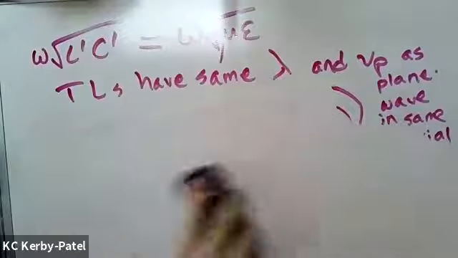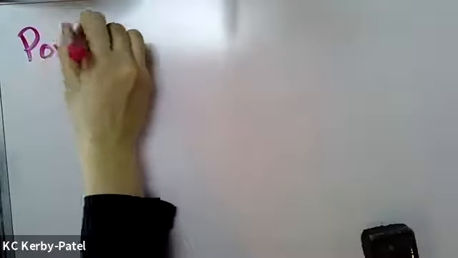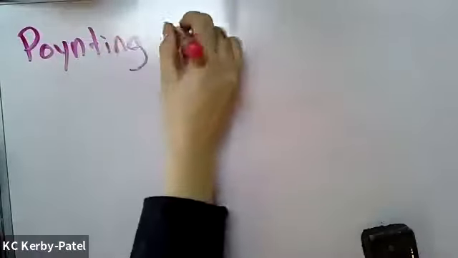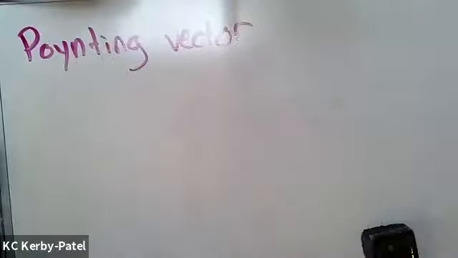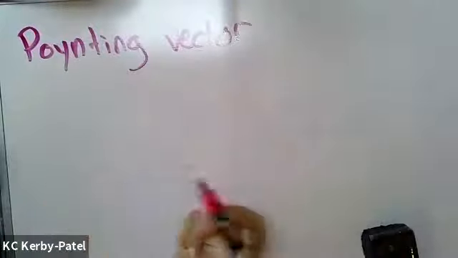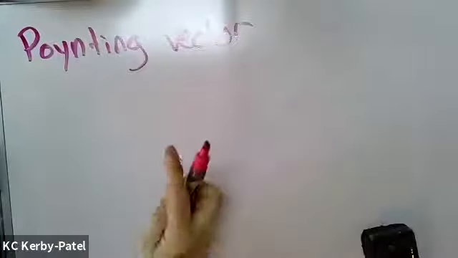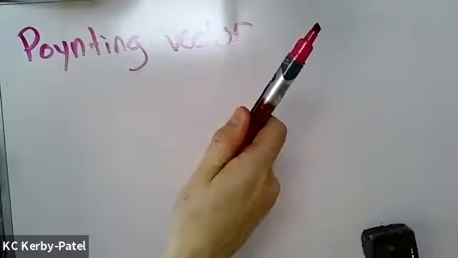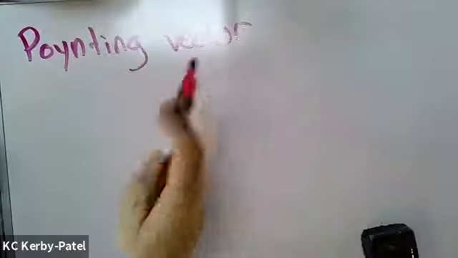The way that it carries that energy is with something called the Poynting vector. The Poynting vector has a really fortunate name. Obviously, it's named after some person named Poynting, but it actually does point. It points in the direction of power flow, not current flow.